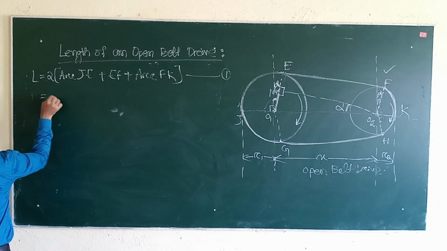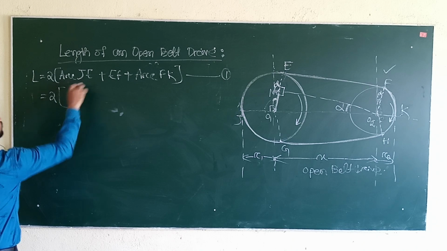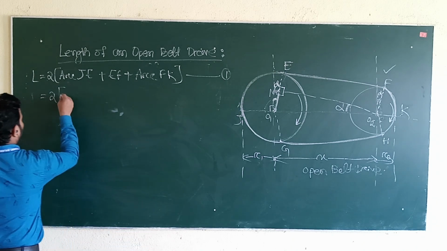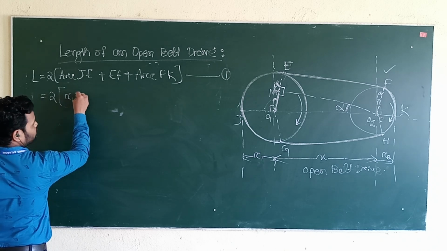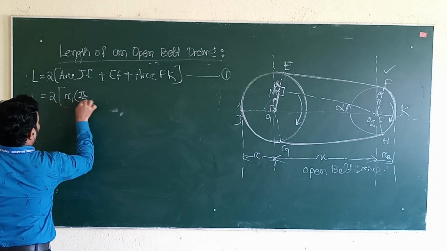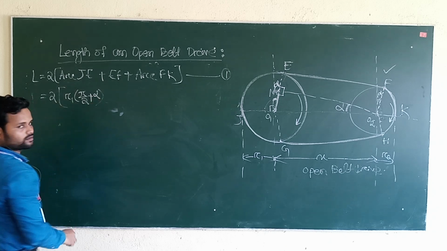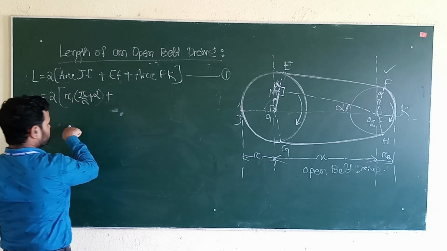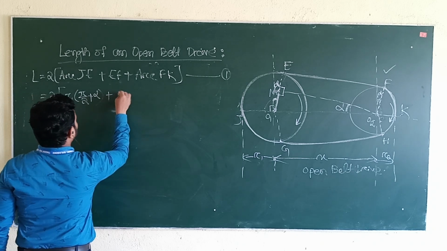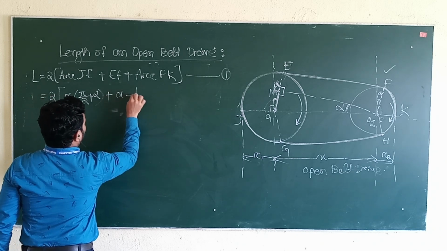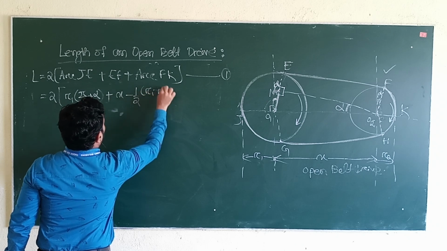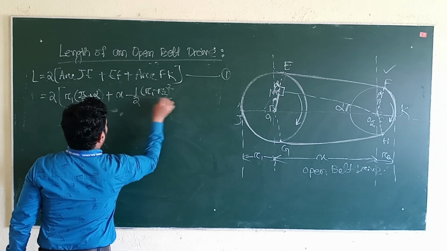So L equal to 2 into, what is the value of RJE? We have already calculated it, that is R1 into pi by 2 plus alpha. Plus, what is the value of EF? We have calculated this right now: X minus half of R1 minus R2 square by 2X.